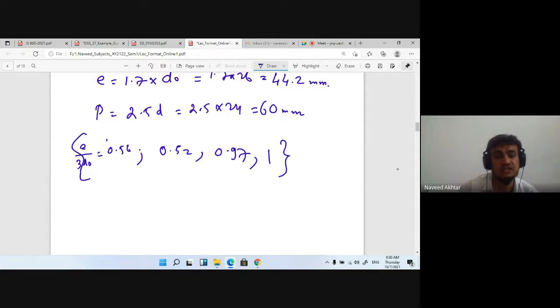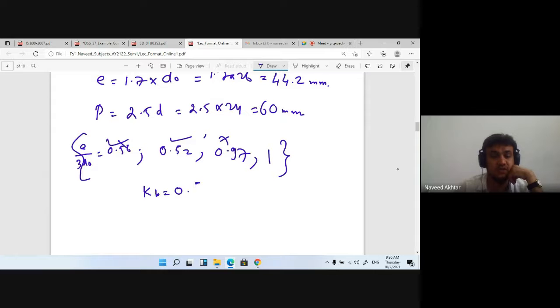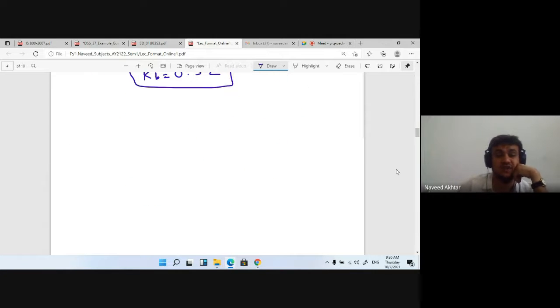So this value is the minimum of them. It means that KB is equal to 0.52.